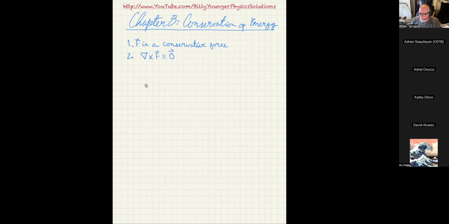Now, I'll explain later what that is, but this is also called the curl of F is 0. So that del cross F that I just showed you there, that's also an operation called the curl.